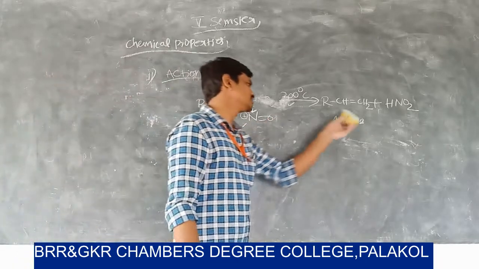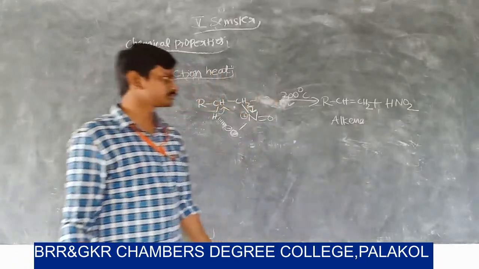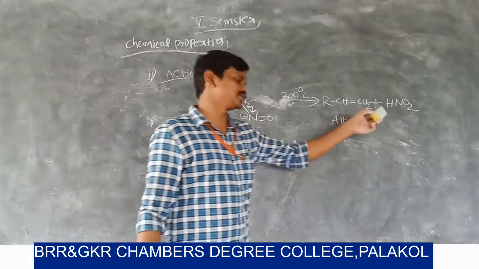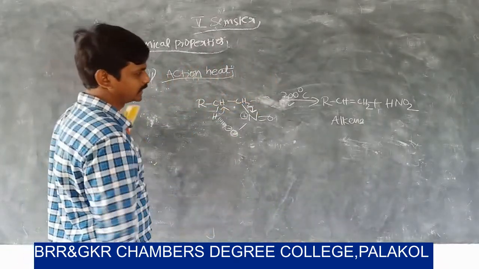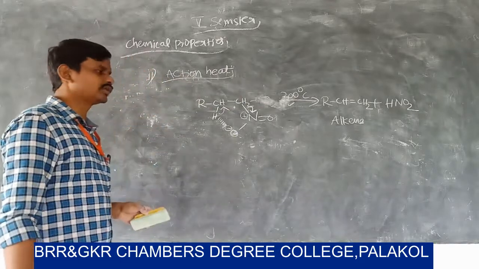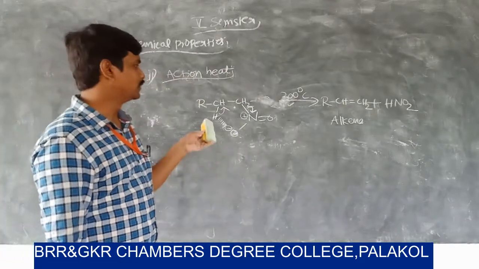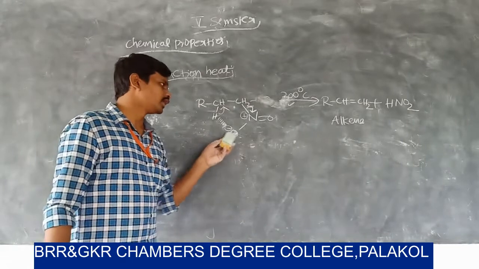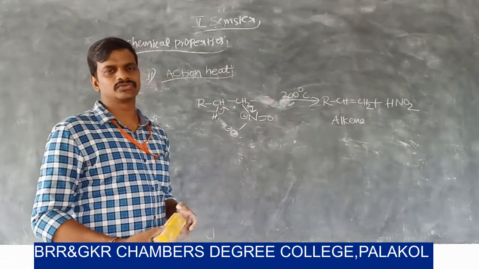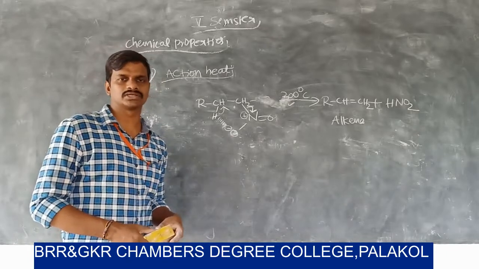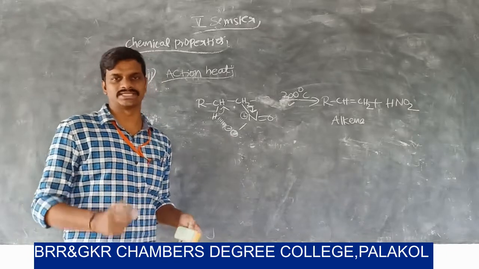So based on this mechanism you can get nitrous acid. Nitrous acid is a side product, but the main product is alkene.